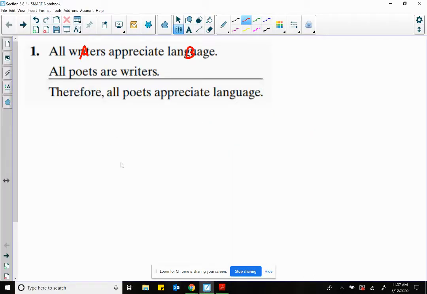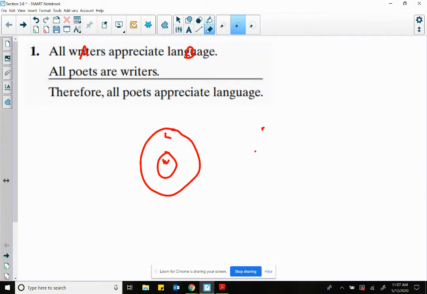We're going to have an all A are B situation. So it looks like this, where since A is about writers, I'm going to call this circle W. Since B is about language, I'm going to call this circle L. So all writers appreciate language.